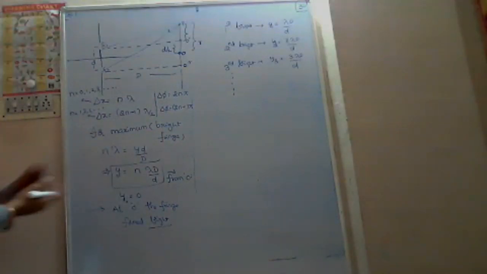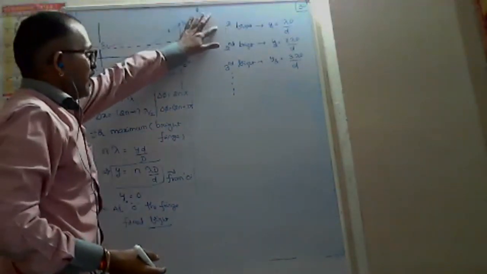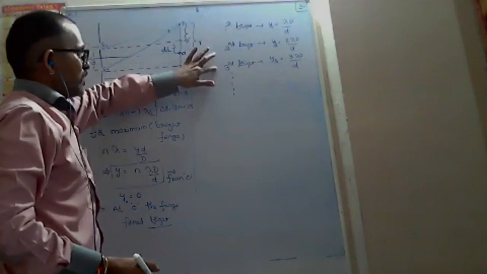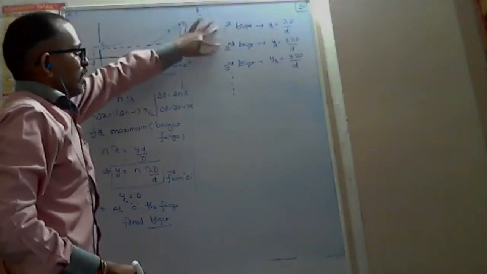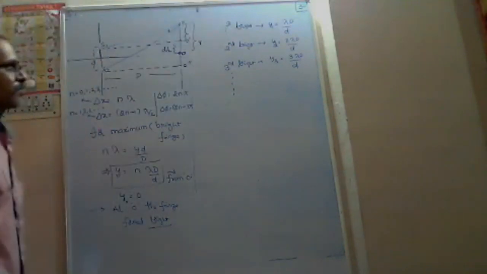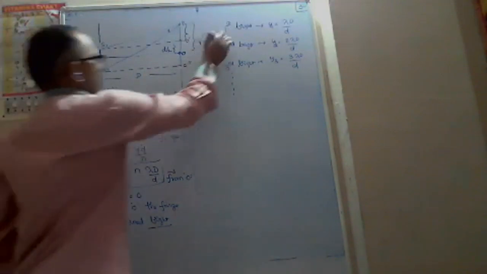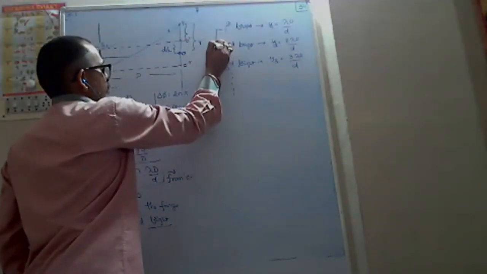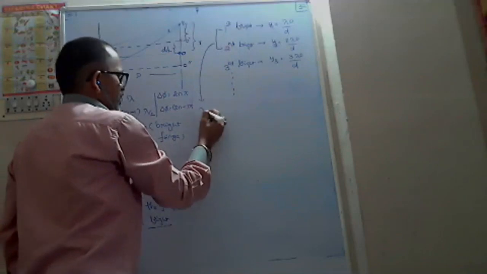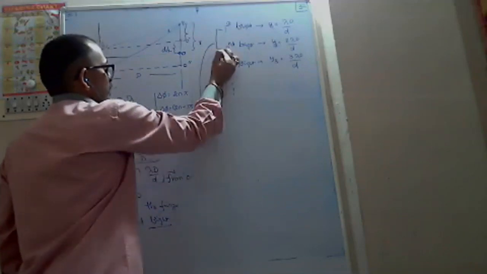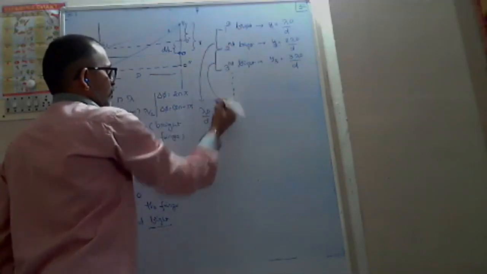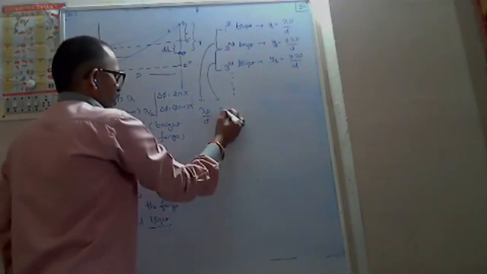My question is, look at between any two successive brights, the separation you are getting is the same. How much is the separation between these two? Lambda D by d. Even between these two also? Lambda D by d.